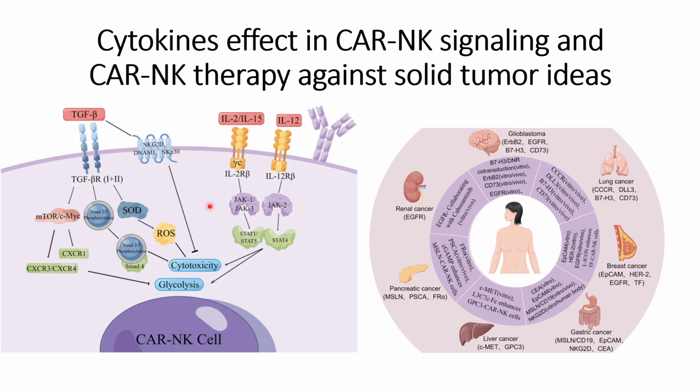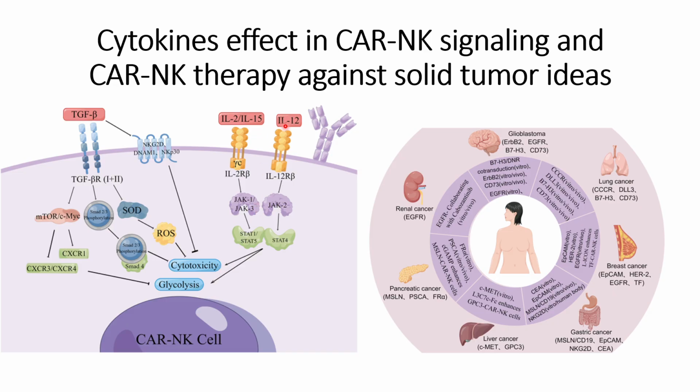And there are some cytokines that can help in the upregulation of CAR-NK efficiency or CAR-NK activation, and those are interleukin 2 and interleukin 15. This forms a complex, the gamma C, and it can interact with the IL2 receptor beta, which will lead to the upregulation of JAK1, JAK3 or STAT1, STAT5 signaling pathways, and that will increase the cytotoxicity and glycosylases.